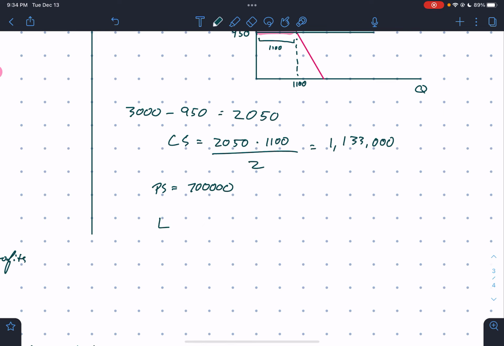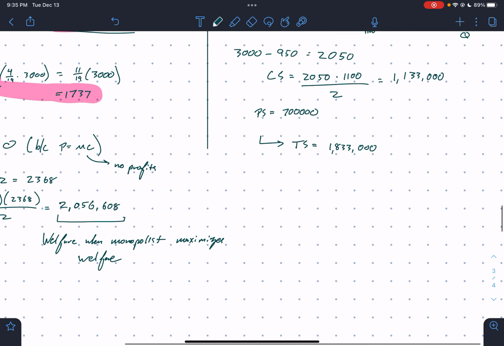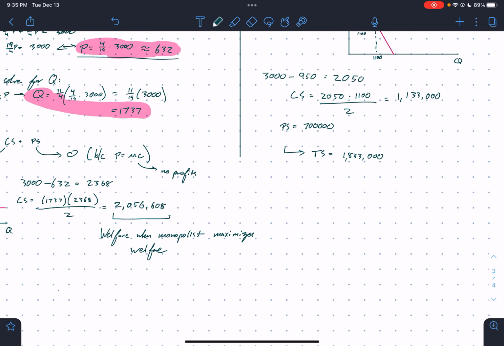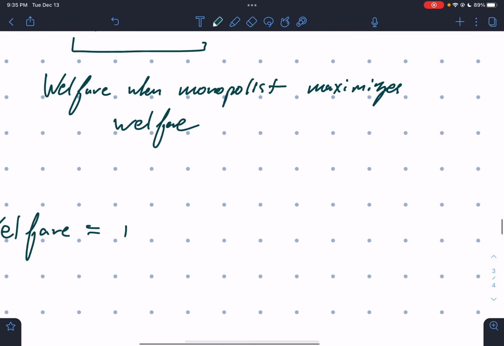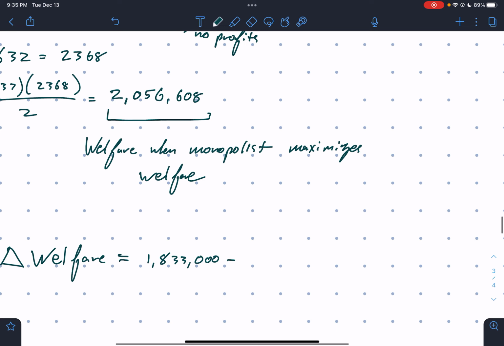So we end up with total surplus equal to 1,833,000. So the change in welfare, or the difference in welfare, is going to be 1,833,000 minus the one where they're trying to maximize welfare.